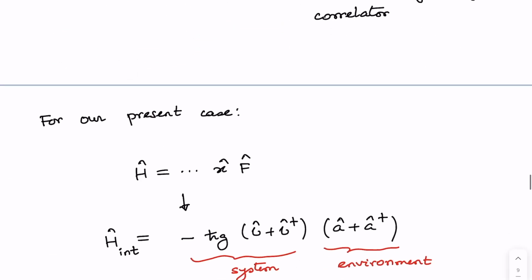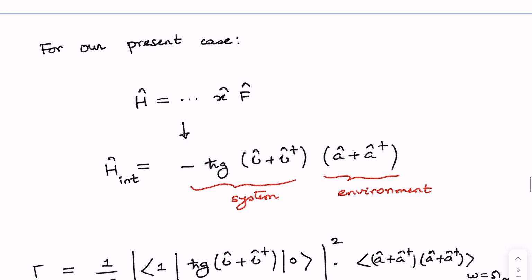Now for our present case, we have our system as the mechanical oscillator and the optical cavity belonging to the environment. So you can figure out what your X and your F are in the Fermi golden rule formula. You can put them in accordingly to calculate the various rates.